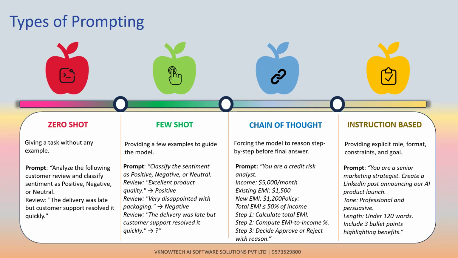But in industry, the most acceptable one is instruction based prompting, where we explicitly provide the role, the format, the constraints, the goal, and everything. That is how we ended the class, with these different types of prompting.